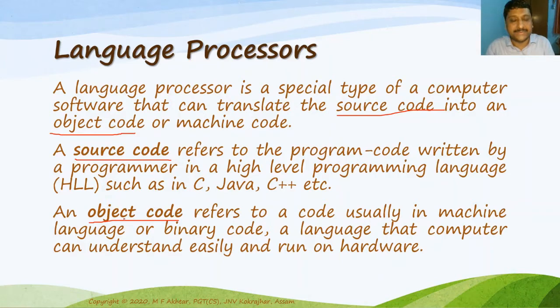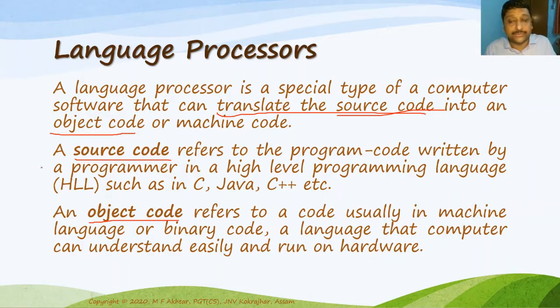Okay, this is known as object code. If object code is available, then there is no need of a language processor. But language processor is used to translate source code into object code or machine code.